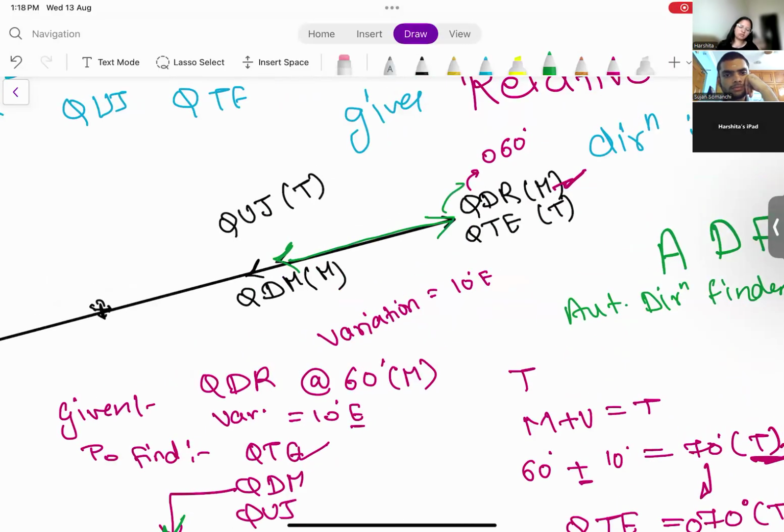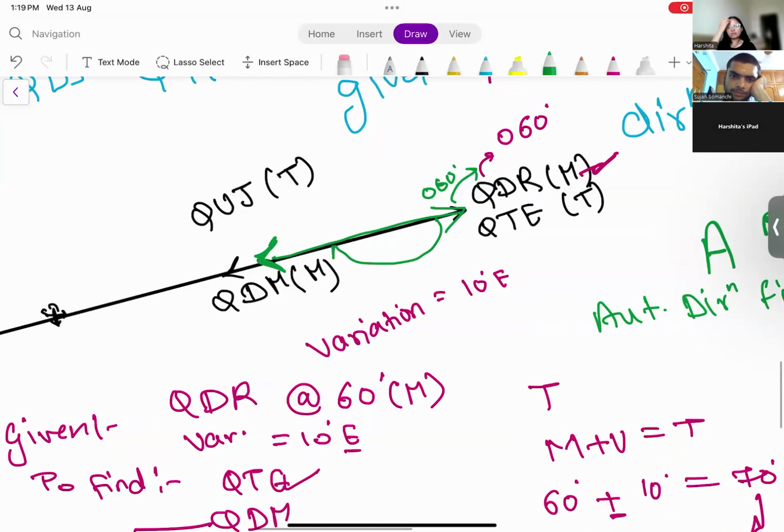This away from the station value was 060 degrees. If I have to find QDM, can I just not do exactly 180 degrees? So if the QDR is 060 degrees, QDM will be 180 plus 60. This 060, and if you go in the back direction, you will go towards the station, right? Yes. So 60 plus 180.